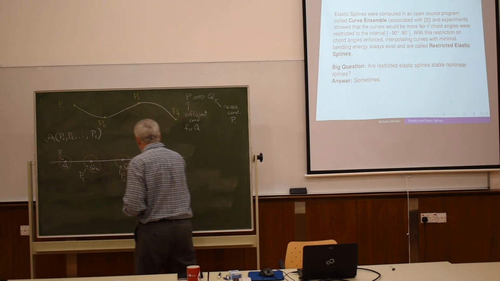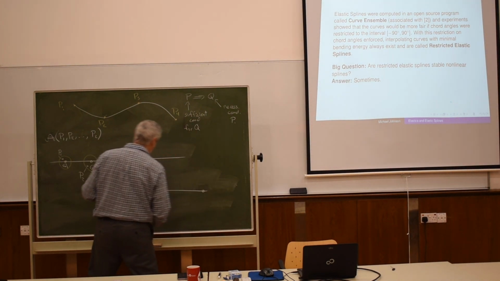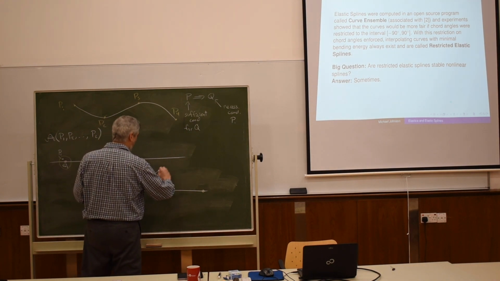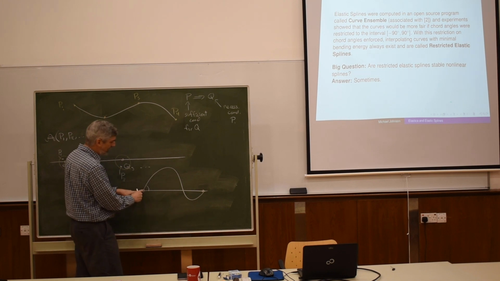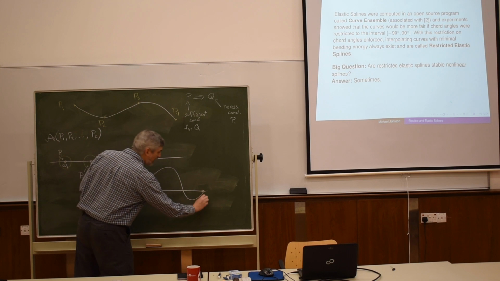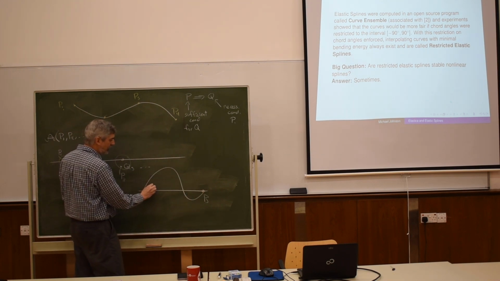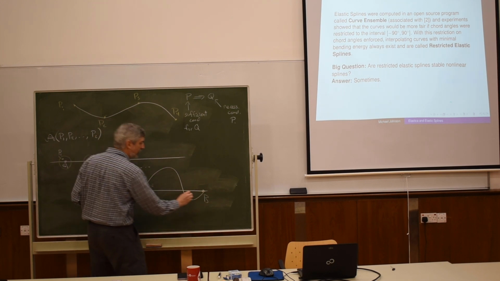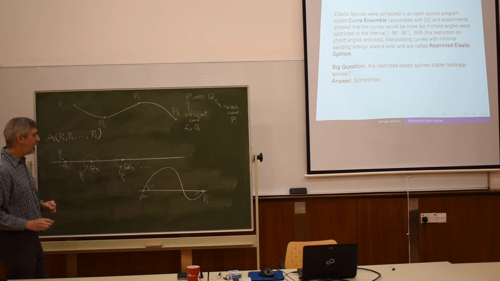So if you're looking at an S-curve, say like this, this line segment from A to B is called a chord. And then there's an angle here that the curve makes with the chord, another one down here. Those are called the chord angles.